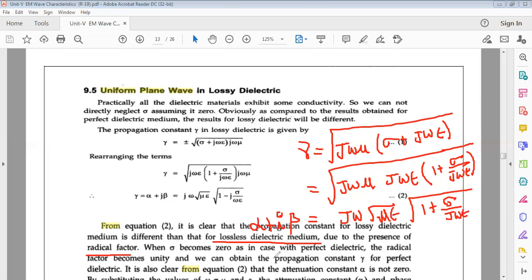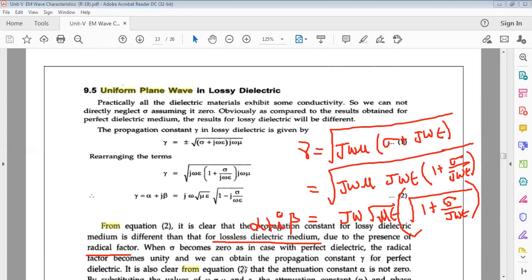The radical factor becomes unity whenever it is a perfect dielectric and lossless, and we can obtain the propagation constant gamma for a perfect dielectric.